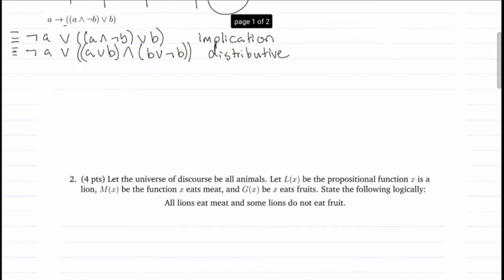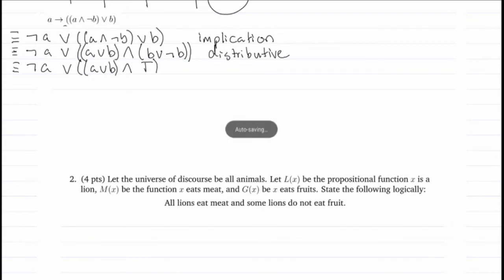Okay, so next line. We know that we can reduce B or not B down to a true. So this is not A or, A or B, and true. I forgot the name for this one, but if you look on your table, you'll see that this returns a true statement.